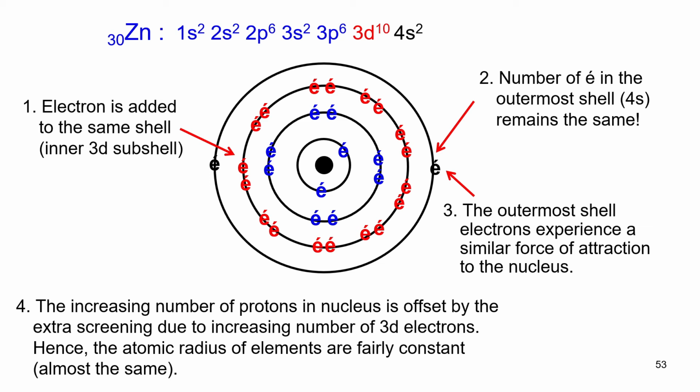Hence, the atomic radius of the elements is fairly constant, which is almost the same. Why? Because it subtracts 2, positive 2. So what remains, the one I circled, is still 2. That is why the effective nuclear charge is still 2.